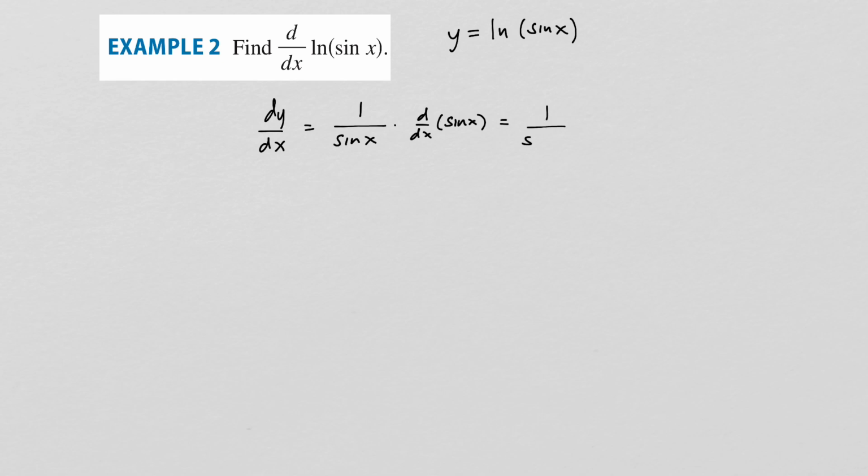And this is 1 divided by sine of x multiplied by cosine of x, which can be written as cosine of x over sine of x. And let's remember that there is a trig identity that tells us that this is the cotangent of x.